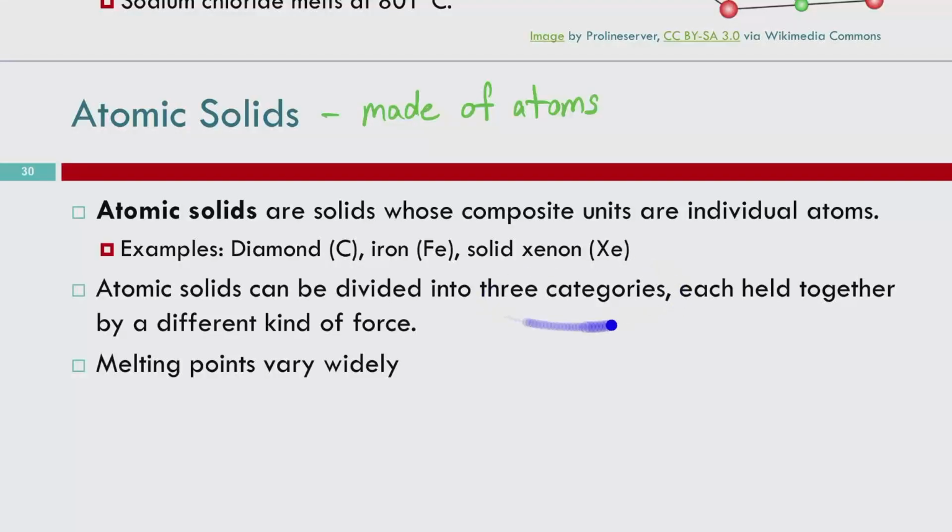We can subdivide these into 3 categories, and they have different kinds of forces built into them. The type of atom determines the strength that they connect with each other. So we've got three subcategories for atomic solids with widely varying melting points.